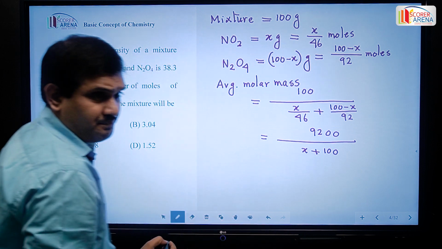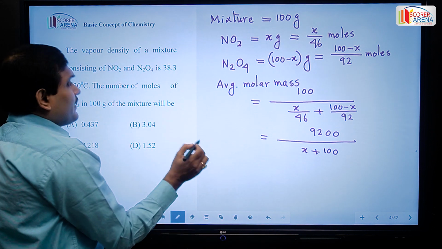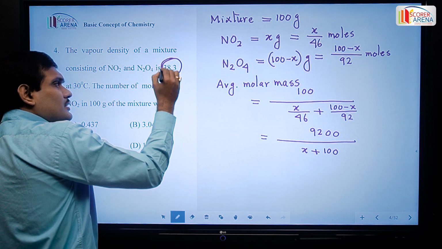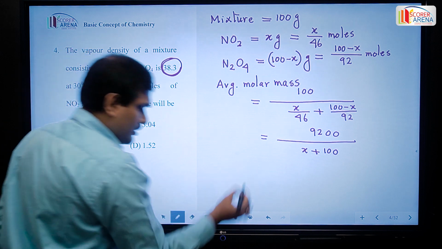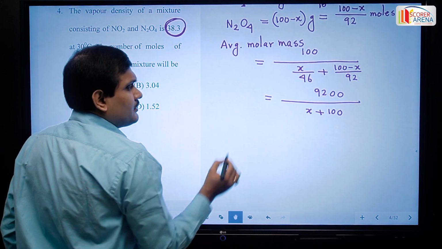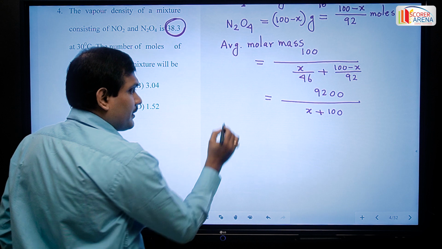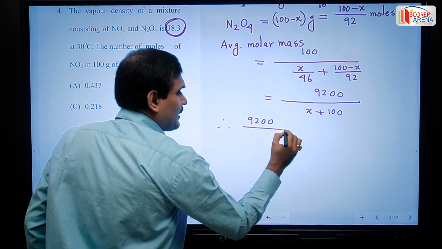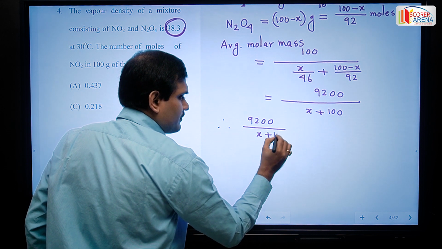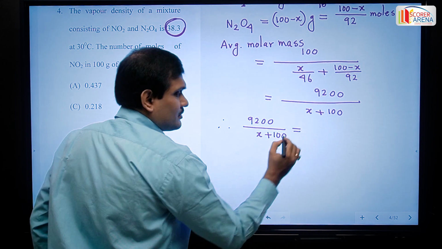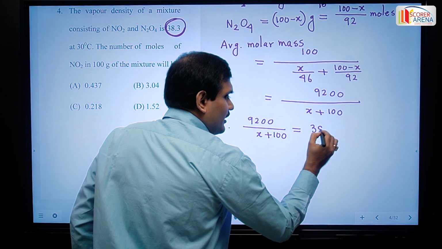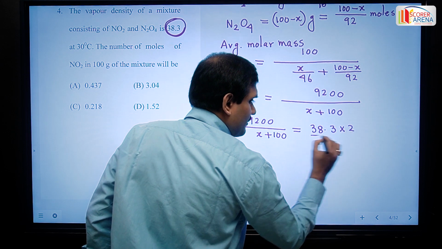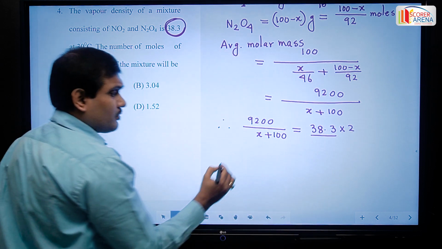Now by the problem, this value will be equal to 2 into the vapor density. Therefore by the problem, 9200 by x plus 100 gives 38.3 multiplied by 2, because the vapor density multiplied by 2 gives the molar mass.